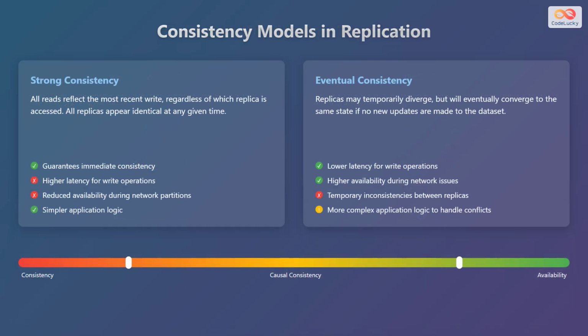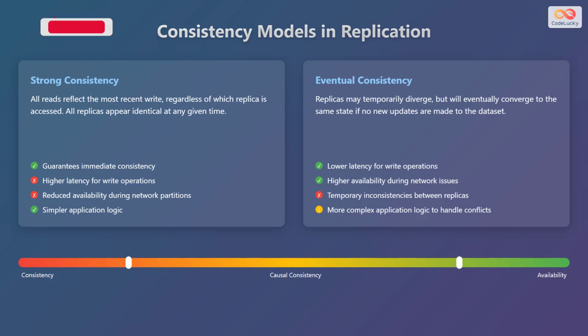Consistency models define how data is kept consistent across replicas. One model is strong consistency, where all reads reflect the most recent write, regardless of which replica is accessed, ensuring that all replicas appear identical at any given time. In contrast, eventual consistency allows replicas to temporarily diverge, but they will eventually converge to the same state if no new updates are made to the dataset.